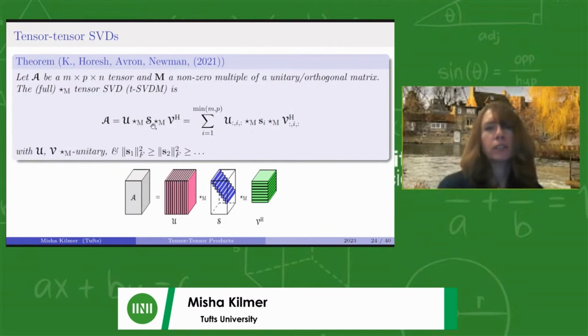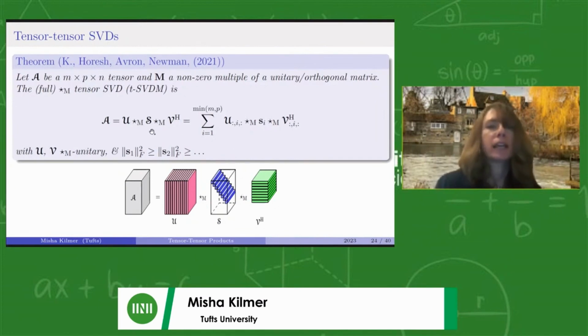The S tensor is what we call face-wise diagonal. So here is a cartoon of what that would look like. Again, if I take the S tensor and turn it face on, it would just look like a diagonal matrix to us in perspective.